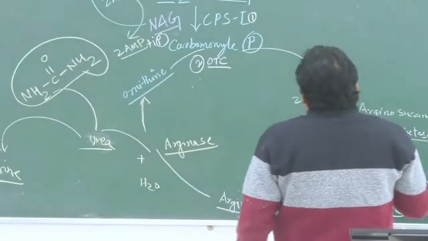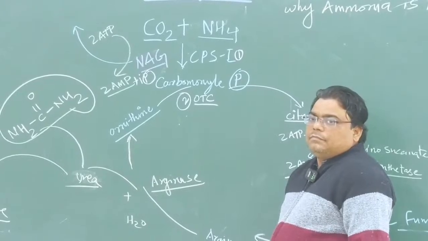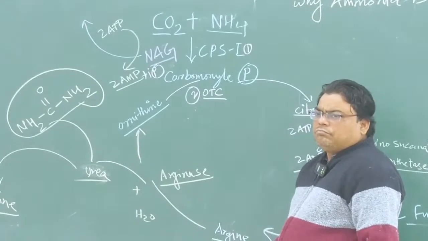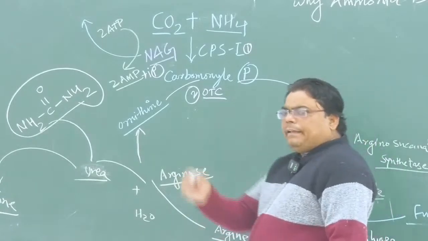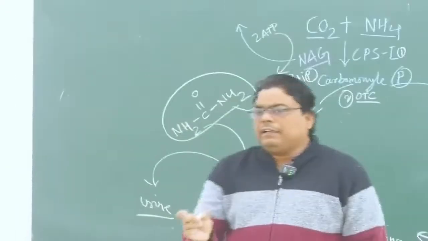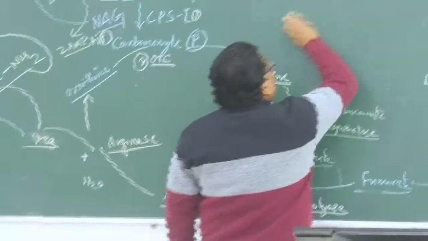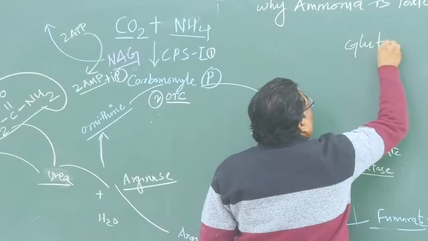How is ammonia present, in which form? Glutamine or glutamate? Glutamine. Amine stands for ammonia. Just simply understand. Okay. Glutamine.